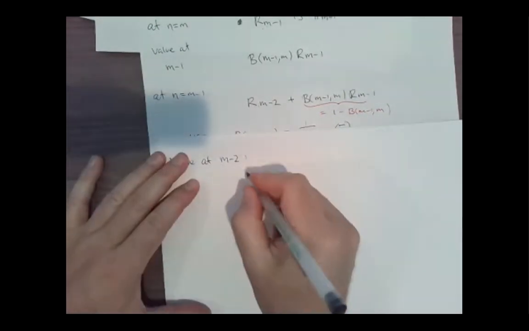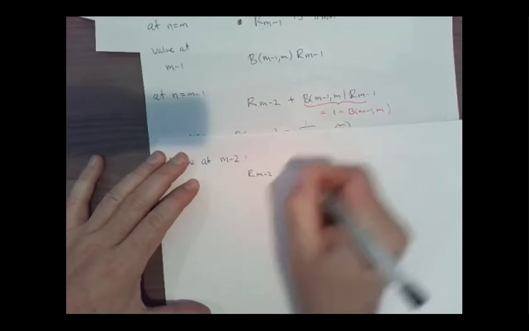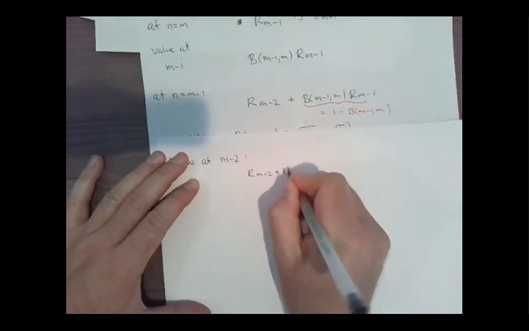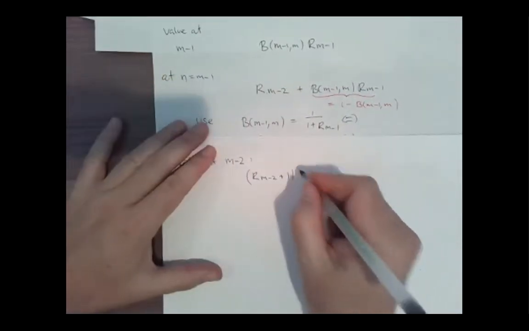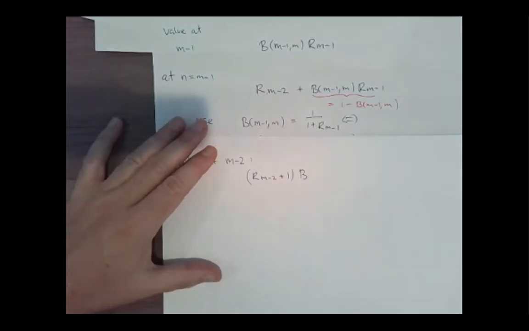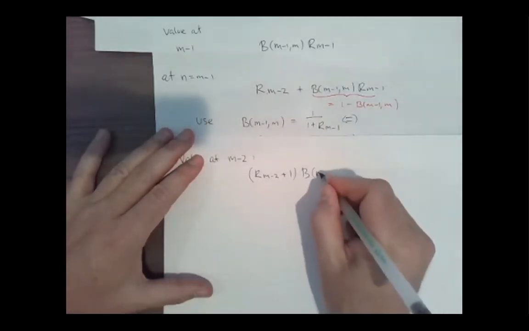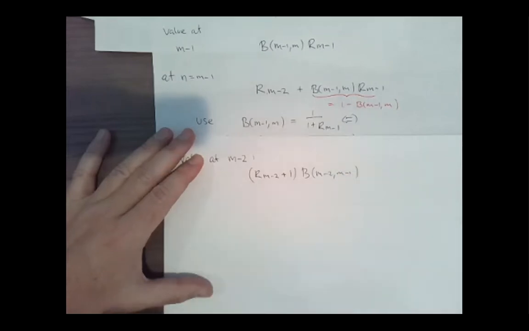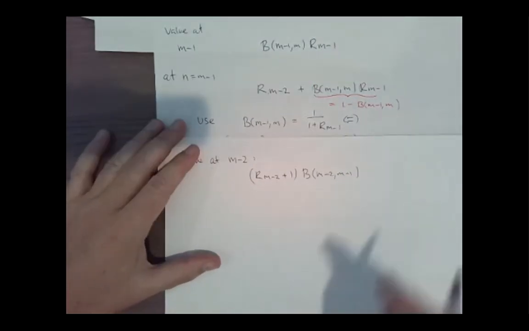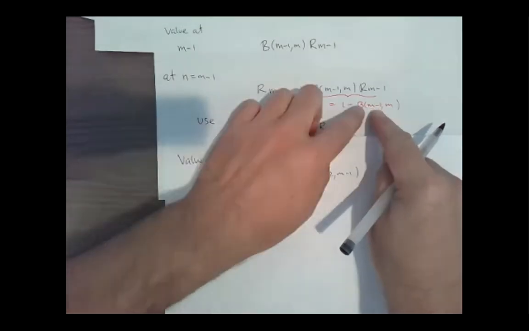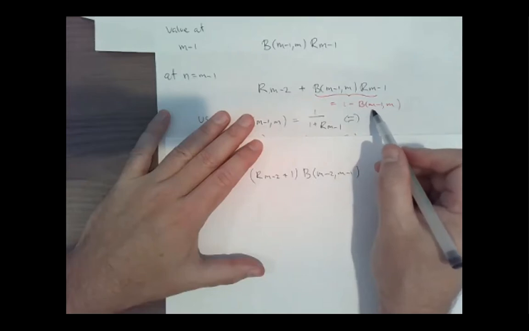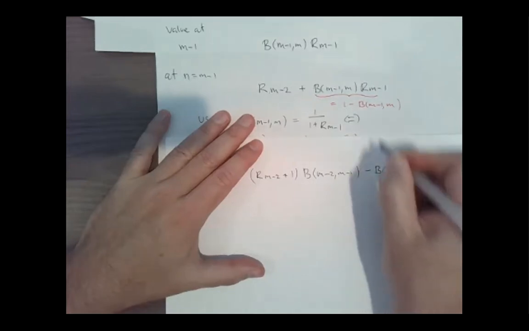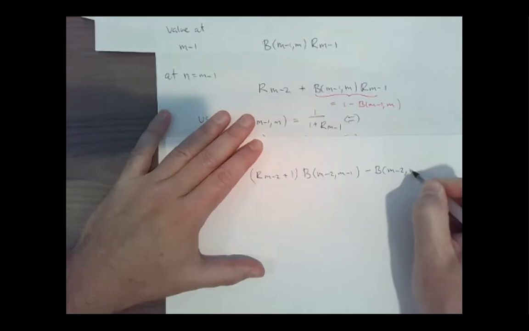So I'll just multiply up with the zero coupon bond price. I'll get m minus 2 plus the 1. And then I will move it back from time m minus 1 to time m minus 2. And the other term, this is minus the zero coupon bond. Okay, so what is the value of a zero coupon bond? Well, I just plug in the value at an earlier time, B_{m-2,m}.